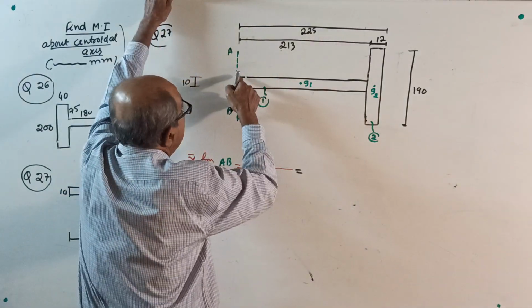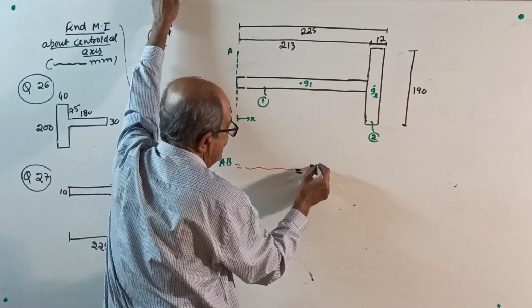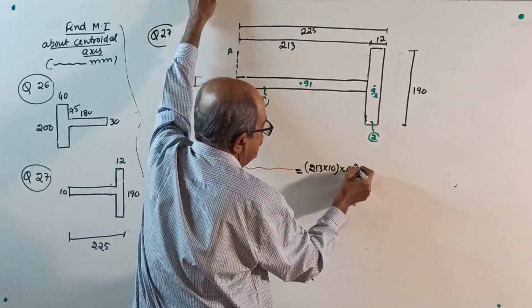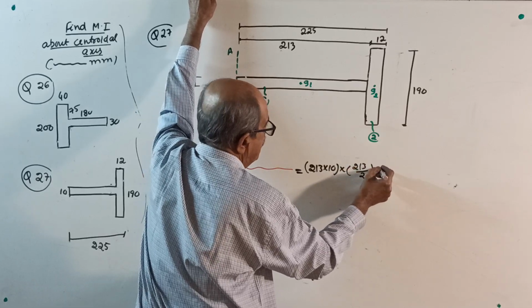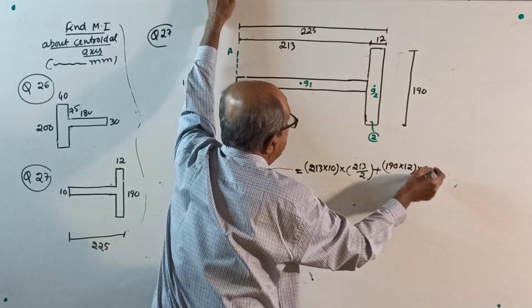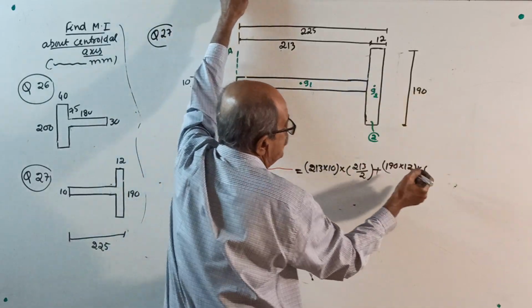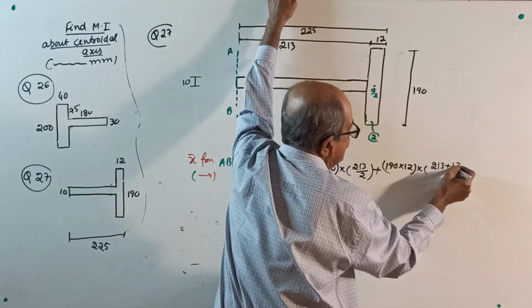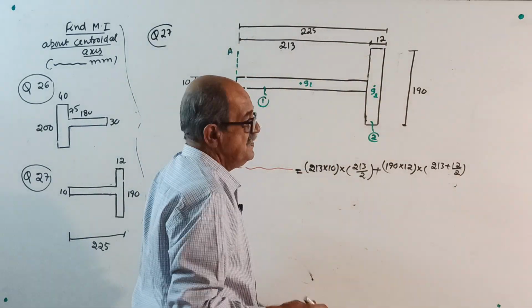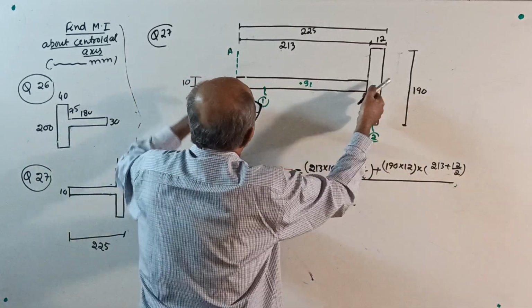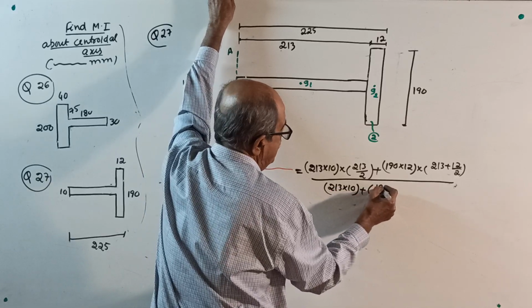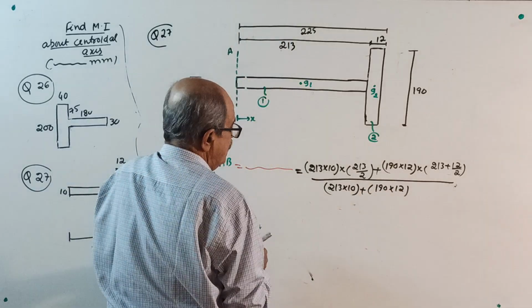Then write equal to A1 213 into 10 into, from here to the centroid is 213 by 2, plus 190 into 12 into 213 plus 12 by 2, or you can write 225 minus 12 by 2, anything will do. Total divided by A1 plus A2, 213 into 10 plus 190 into 12. You will get the X bar value. Calculate X bar.